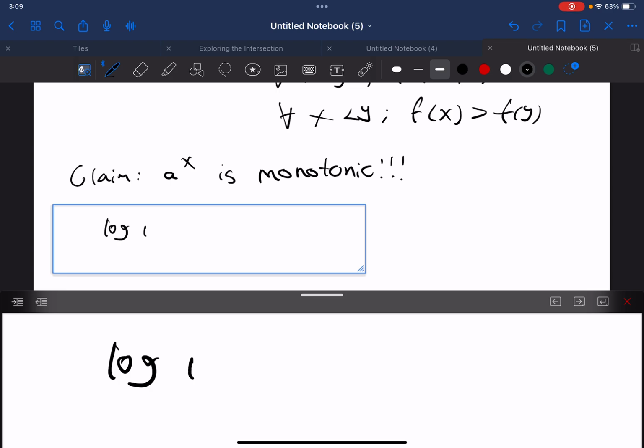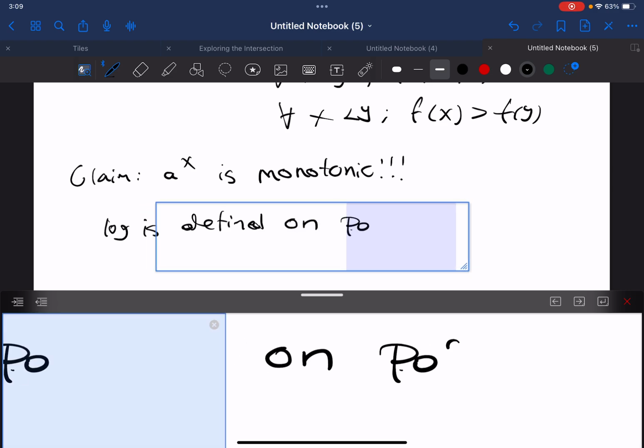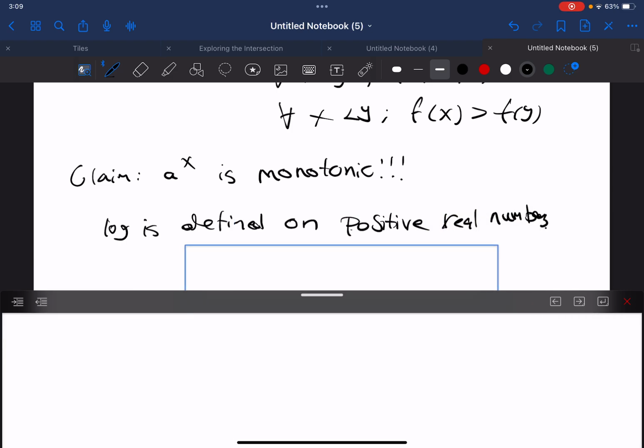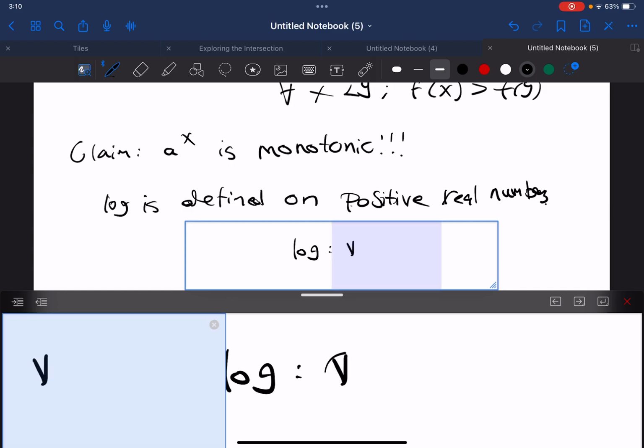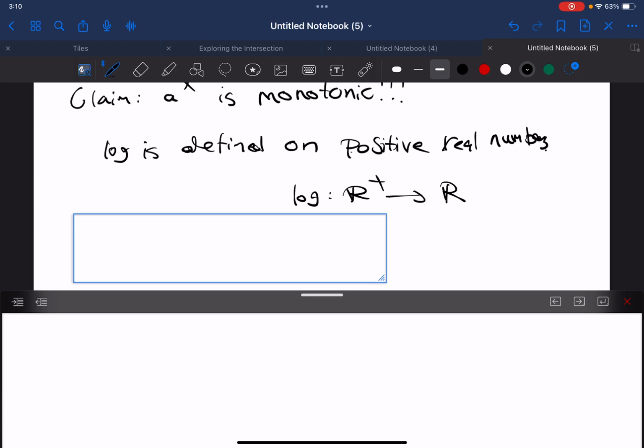Log function is defined on positive real numbers, right? So basically log is a function from R plus to R. And we know the simple fact that log is monotonic.